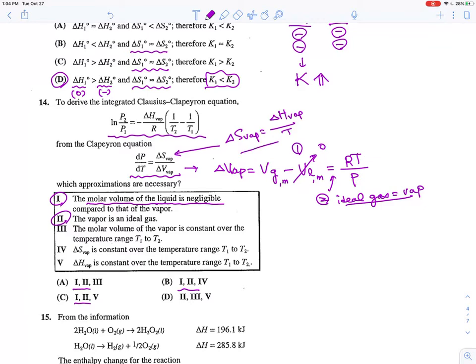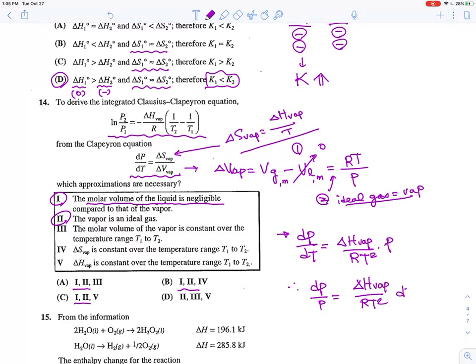If I use this equation, it comes down to dP/dT equals delta H vaporization over RT squared, times the pressure. So when I do that, dP over P is delta H vaporization over RT squared dT. And we need to do the integration.